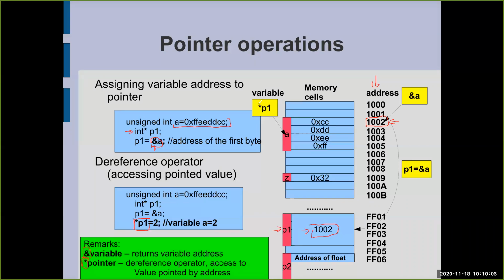So in this case, when I write asterisk P1, I mean the value of A. If I write asterisk P1 equal to, in fact, it is equivalent to A equal to.